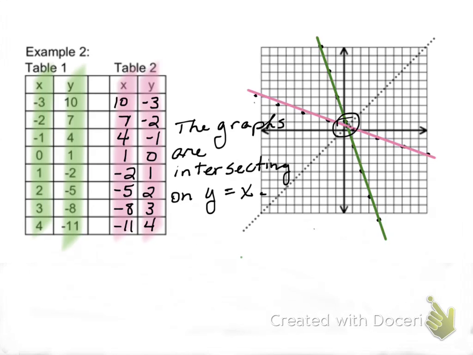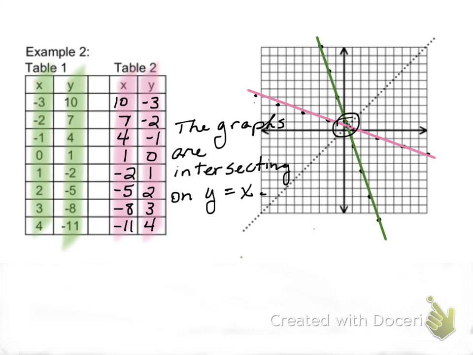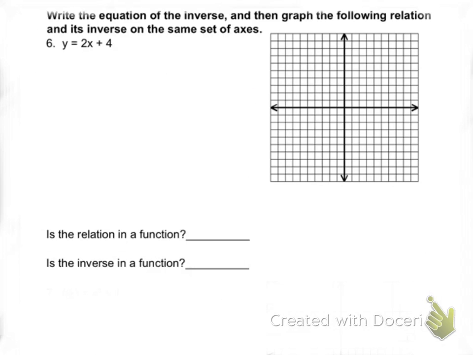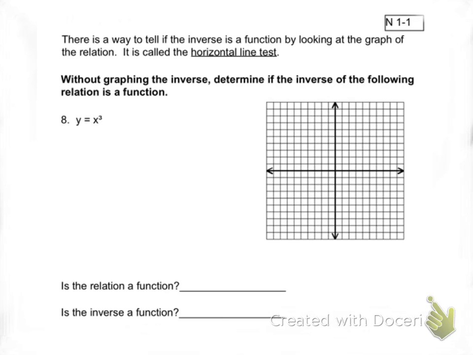Now let's move on to our next page. For some reason, I've lost a page. So I'm going to go to a blank page here and write out what should be on that page that I've lost.